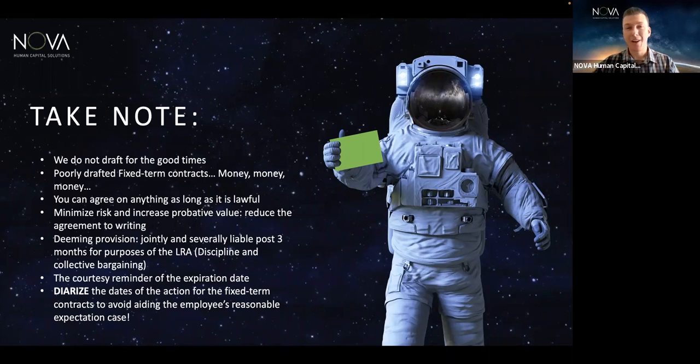So, Lorraine, Section 198 speaks about, again, your lower income employees earning approximately 18,500 Rand per month. And the Labour Relations Act, Section 198, is very clear on that. It says, after a 3-month period on the fixed term contract, the employees have to be treated no less favorably than your permanent employees.